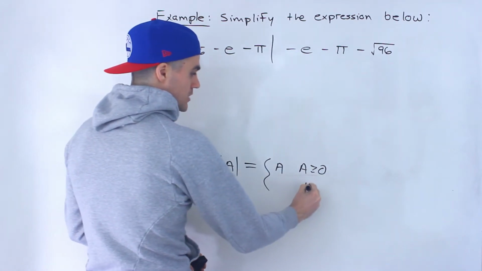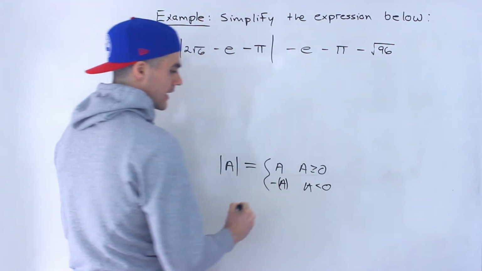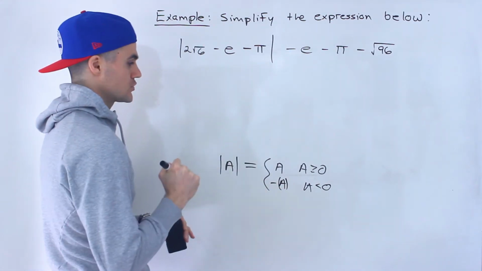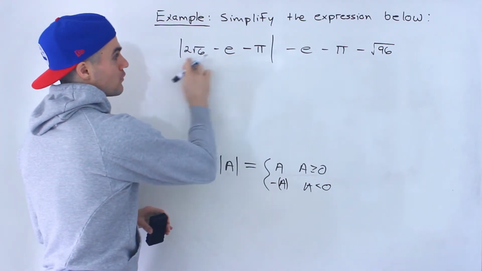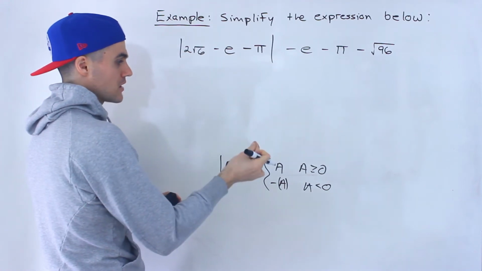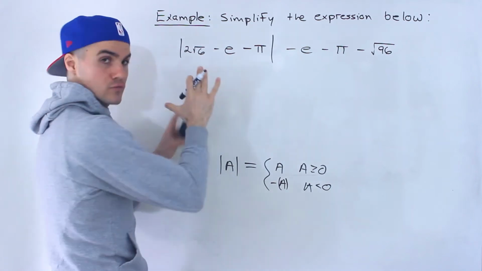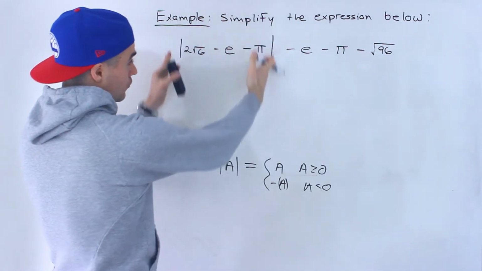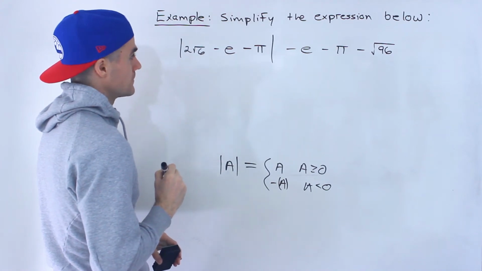Or if that expression is negative, then we have to multiply it by -1 in order to turn it positive. So we first have to figure out whether the expression within the absolute value is negative or positive. If it's negative, we multiply it by -1. If it's positive, we just leave it as is. We could then get rid of the absolute values and go into simplifying.